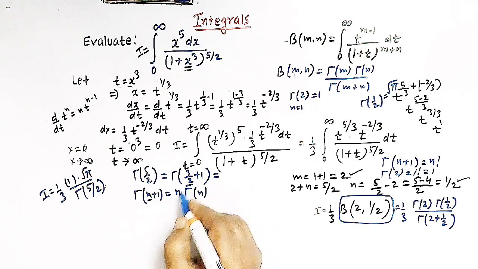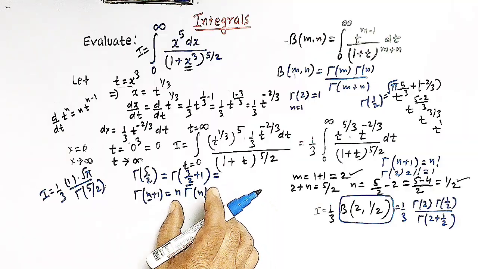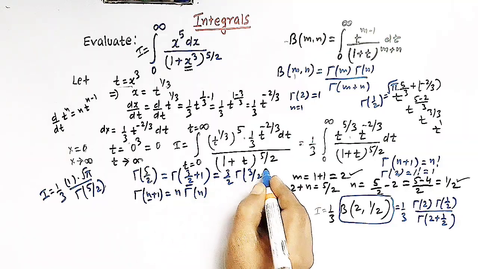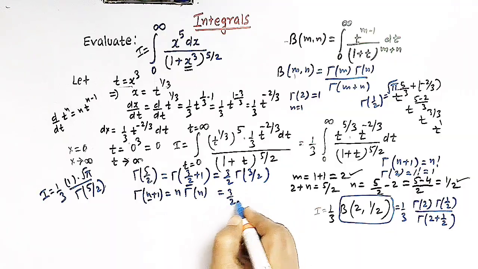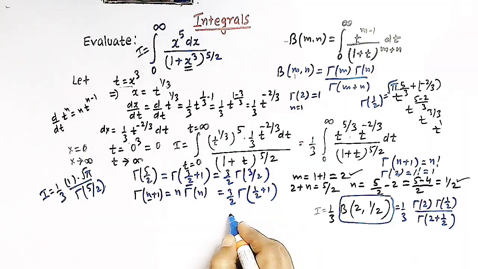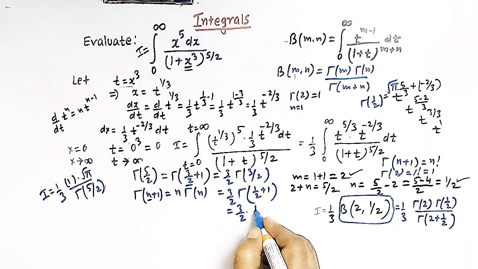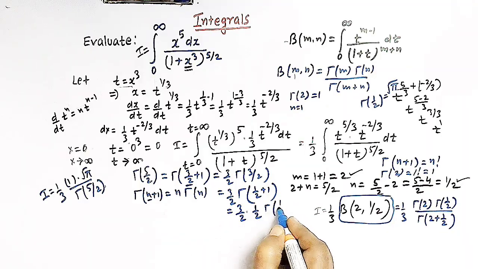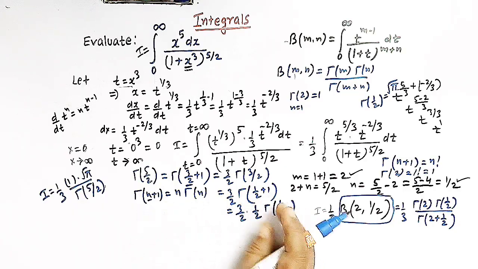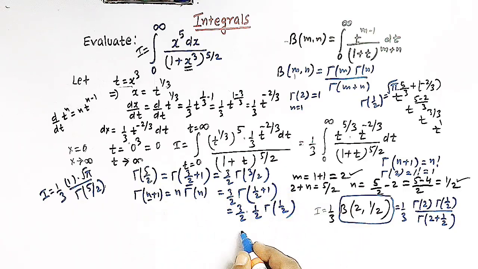So taking n is equal to 3 by 2, in this relation we have 3 by 2 gamma 3 by 2. And further we can split 3 by 2 as half plus 1. So now we have 3 by 2 times half times gamma half. So again applying this result to this expression, we have 3 over 4 gamma half. Gamma half is square root of pi.